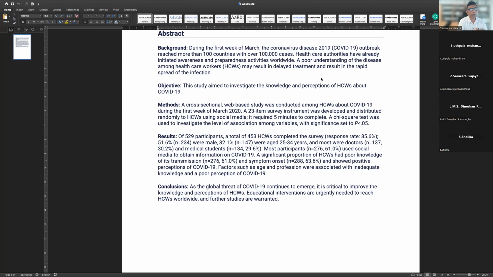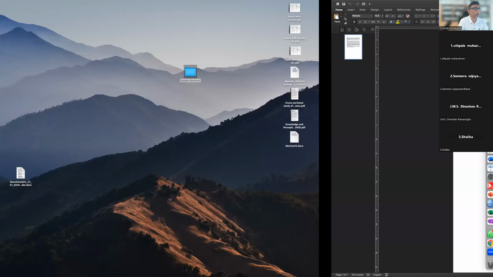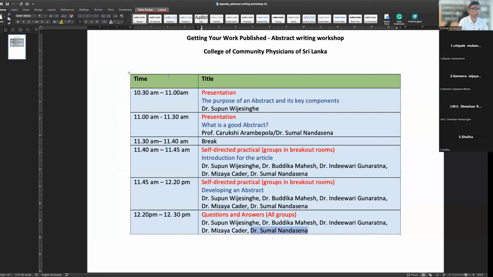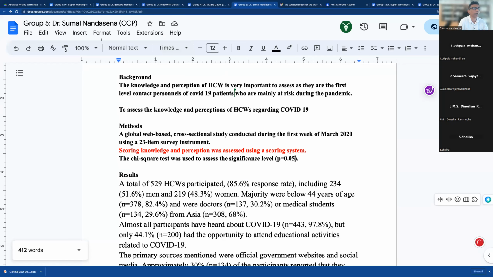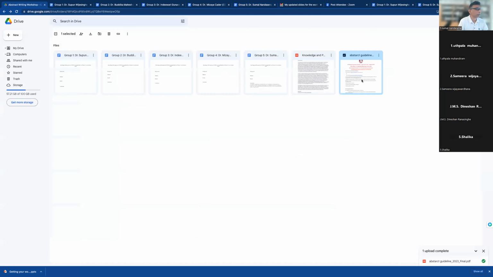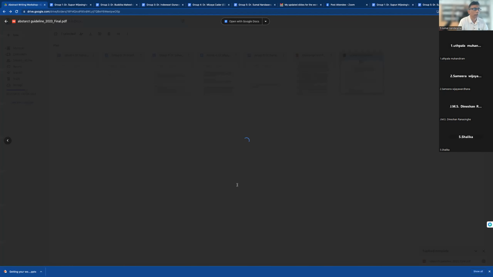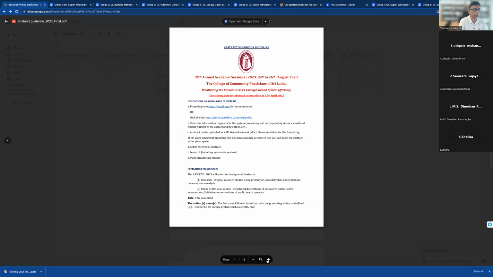Any of the conferences have abstract guidelines. As an example, I would see the guidelines of the CCPSL. I think I have already posted the relevant one. Now this is just for example.